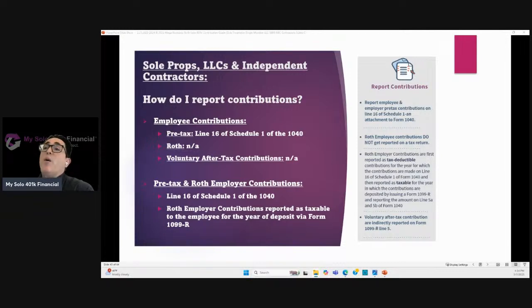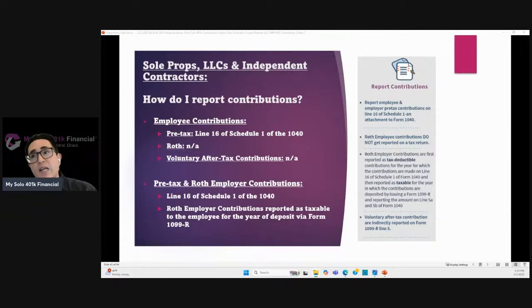But if it's an employer contribution made as a Roth contribution, the second step would be to make it taxable to the employee. It'll be taxable for the year of the deposit. So if it's a 2024 contribution made in 2025, it'll be taxable in 2025 to the employee.